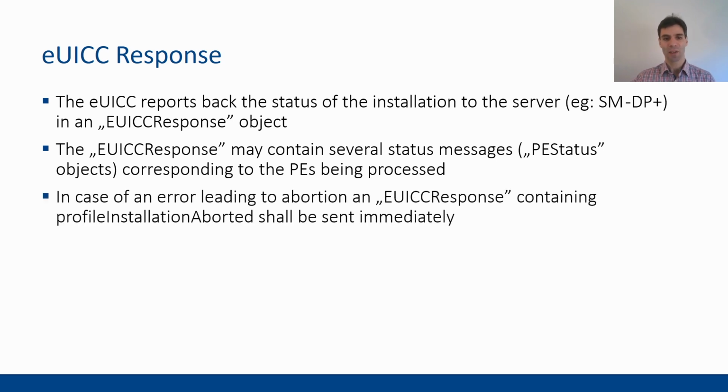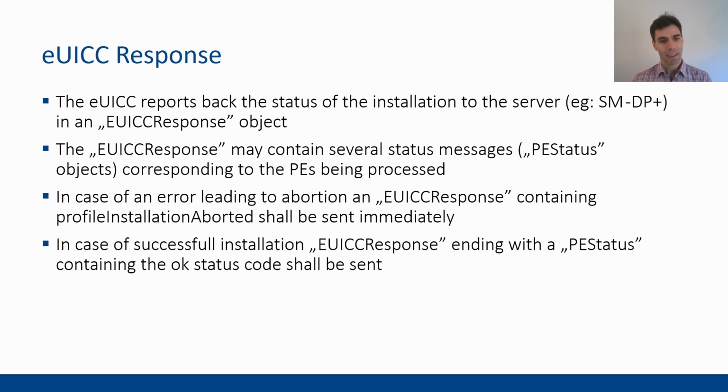In case there is an error which leads to abortion, an EUICC response containing the profile installation aborted shall be sent immediately. And in case of a successful installation, an EUICC response ending with a PE status containing the OK status code shall be sent.